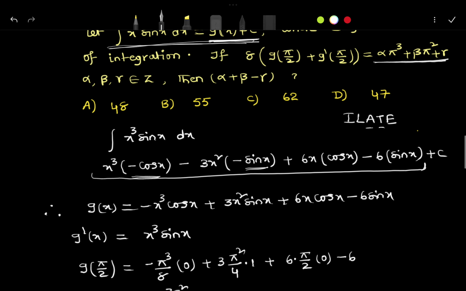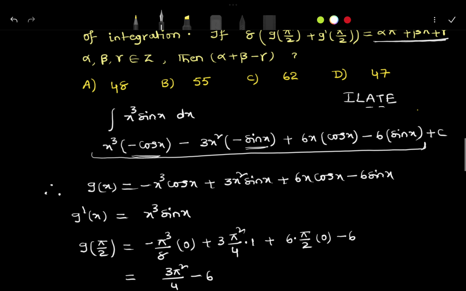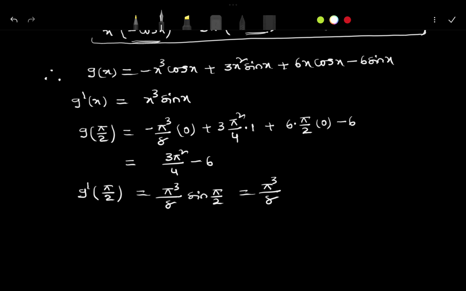So according to the question, first you have to find g of pi by 2 plus g dash of pi by 2. This value will be equal to 3 into pi square by 4 minus 6, plus pi cube whole divided by 8.